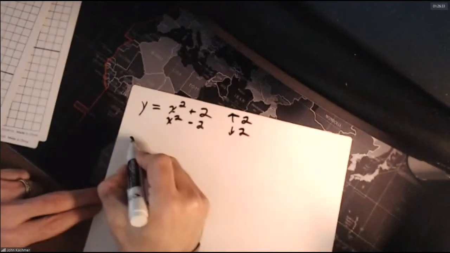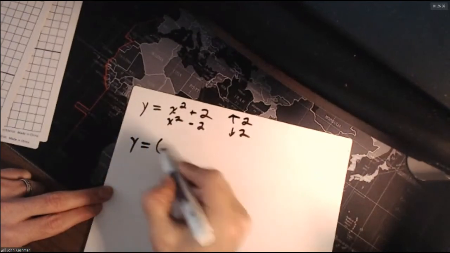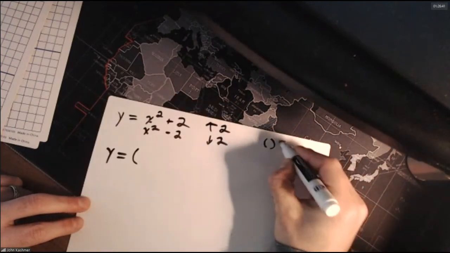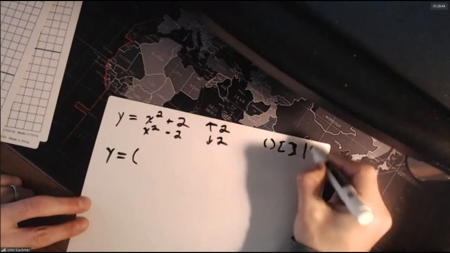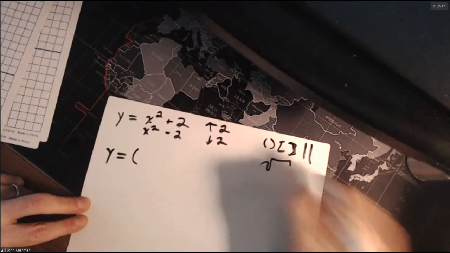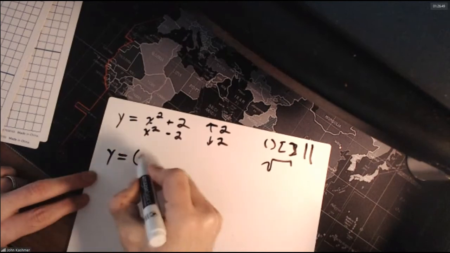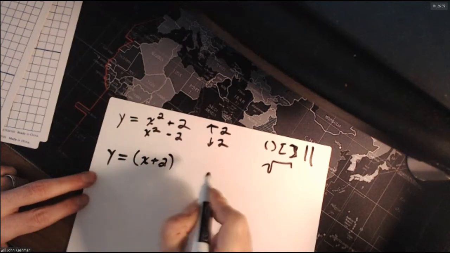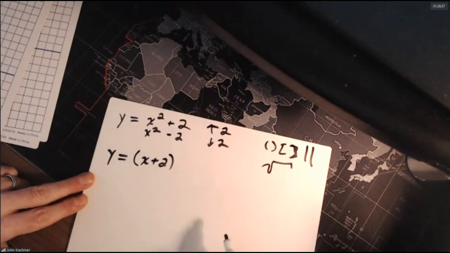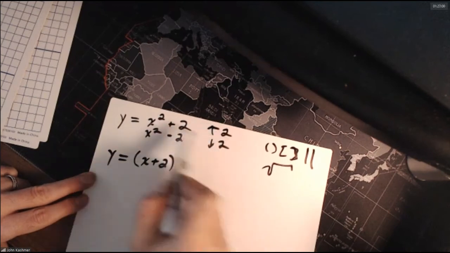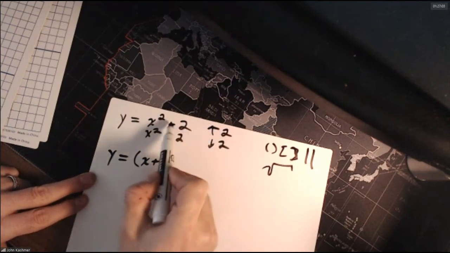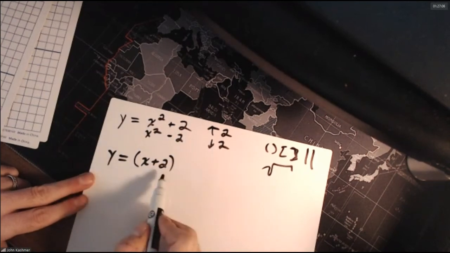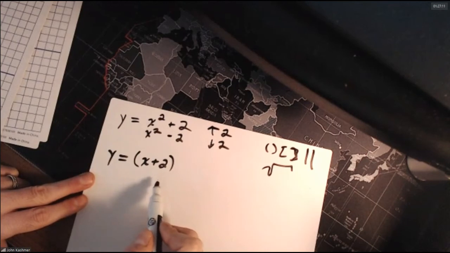Okay? Now, if you have y equals, and in parentheses or brackets or any grouping symbol, and by grouping symbol, it can be parentheses, brackets, it can be absolute value, it can be a radical. If there's a grouping symbol and the number is within the grouping symbol, now, instead of up or down, it changes to left or right. And whereas with up or down, it goes with the sign, by that I mean positive goes up and negative goes down, when it's in a grouping symbol, it goes left or right opposite the sign.